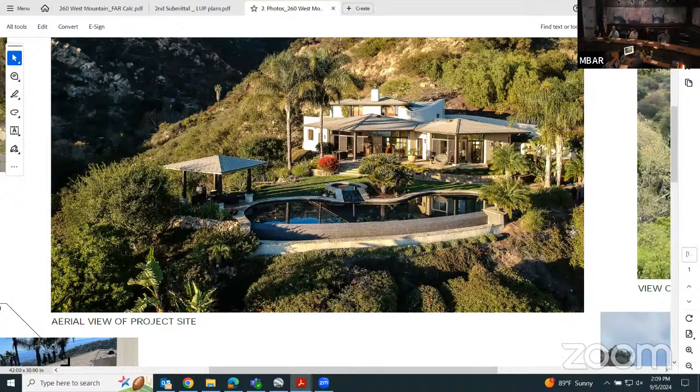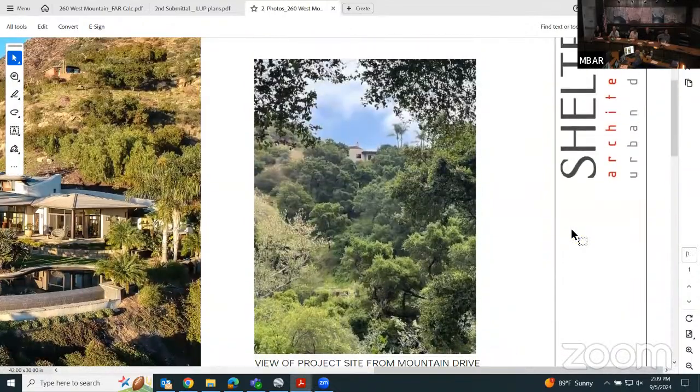But when I look at the picture on the right, the view of the project from Mountain Drive, you start to see the queen palms are completely out of place with the oak woodland flavor of that hillside. If you're doing a remodel, the queen palms are going to get quite a bit larger over time, and they look nice now. Like I said, they're absorbed by the hill, but over time they're going to continue to get too big. There are some other palms that would work and maintain that flavor you have now with some of the tropicals, and have a lower skyline profile over time.